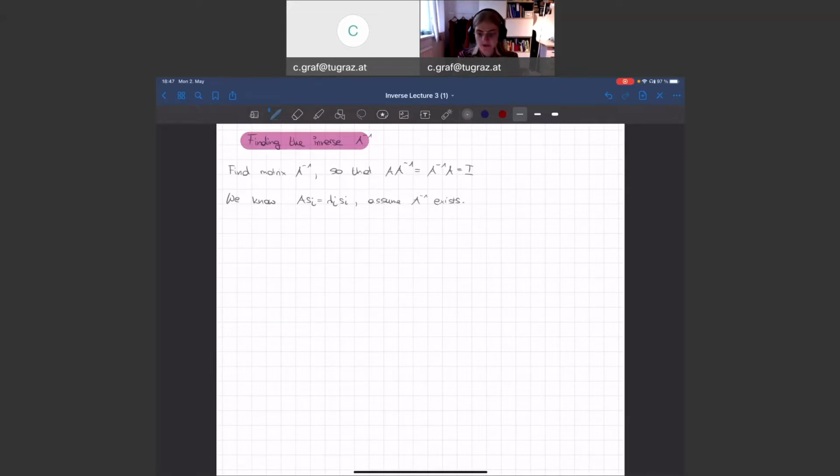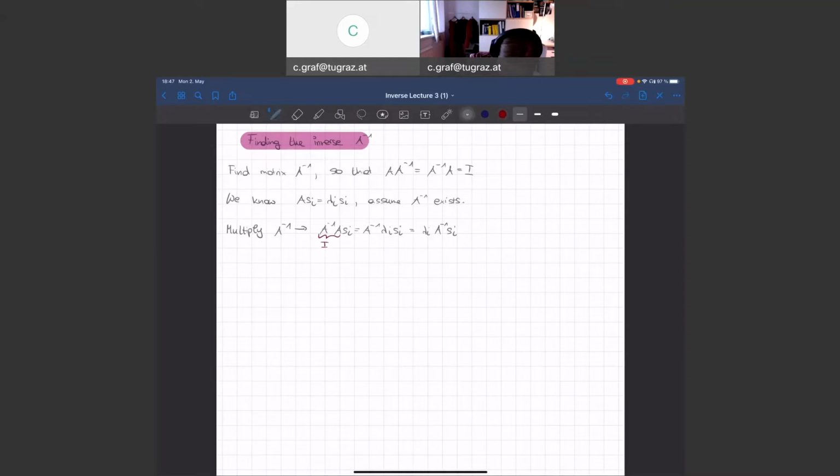Now we multiply the eigenvalue problem we have written down here with this matrix A inverse. So we end up on the left-hand side, A inverse A S_i is equal to A inverse lambda_i S_i. Now remember that the matrix vector multiplication is a linear operator, so therefore this is equal to lambda_i times A inverse S_i. So we said we assumed that the inverse matrix exists.